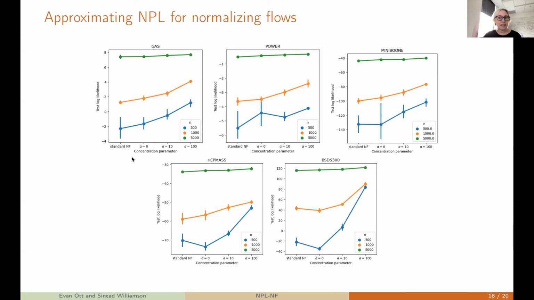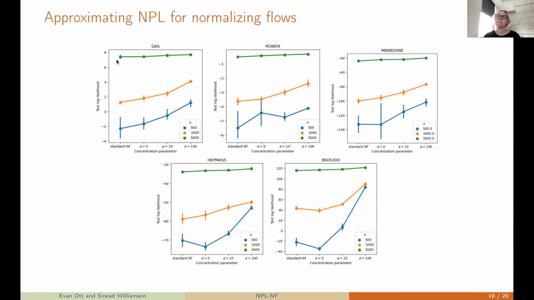Then alpha equals 0 is that Bayesian bootstrap type version, where we don't actually use the base measure at all. And then alpha is 10 and 100 are putting increasing weight on this Gaussian prior. Okay. And so we see that as we get to alpha equals 10, alpha equals 100, then we're across the board doing better than the normalizing flow with no uncertainty.